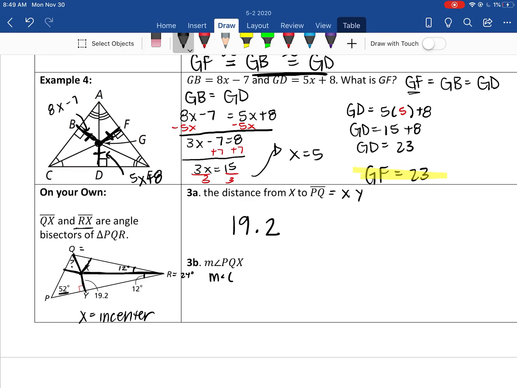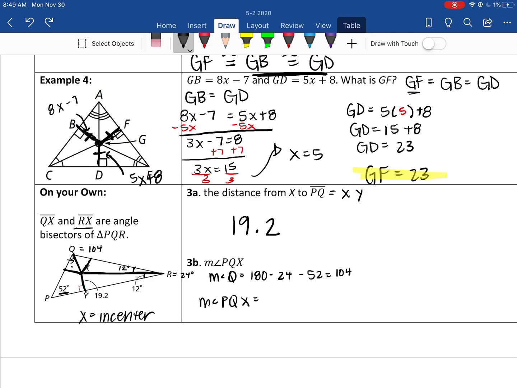So for my measure of angle Q, I take 180 minus the other two angles, which is 24 and 52. And when I solve that, I get 104. So then to find the measure of angle PQX, this whole measure is 104, okay? But I don't want the entire angle.